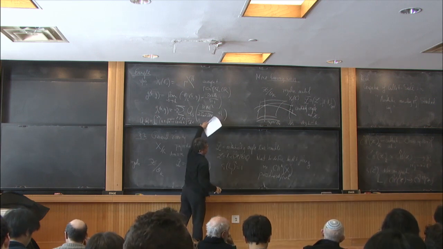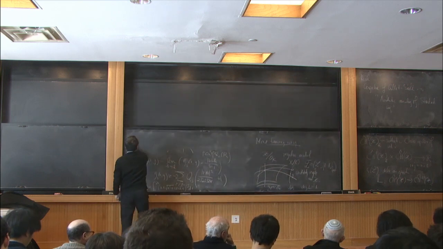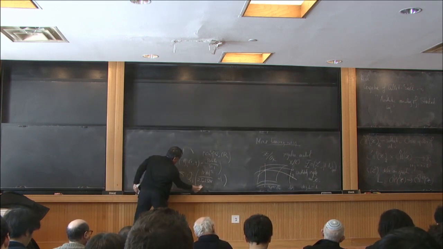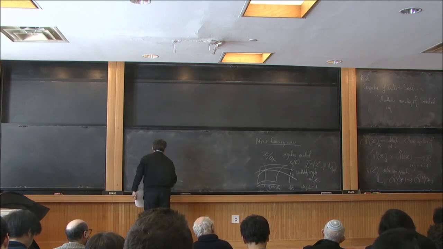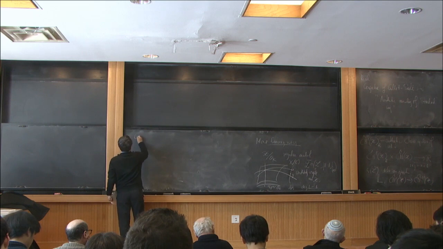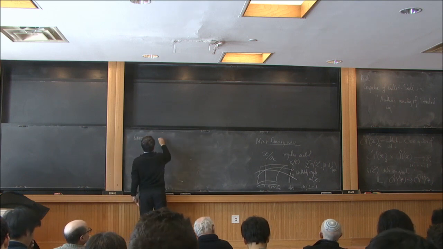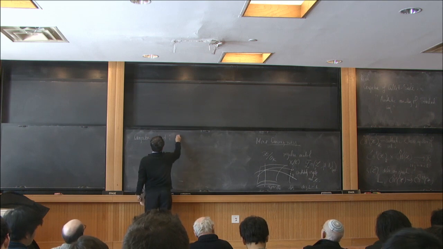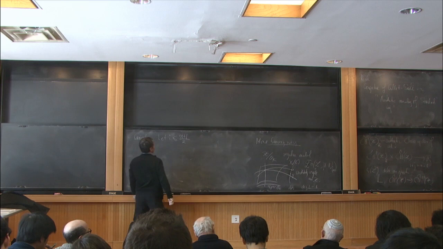So the conjecture is formulated in the following way. Let i be less than or equal to (m plus 1) divided by 2.